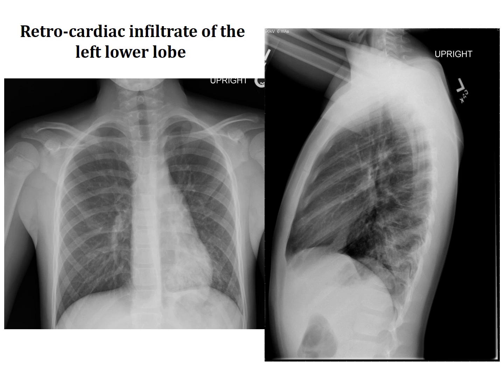If you do, that's referred to as a retrocardiac infiltrate. A lot of people miss those. Always look through the heart. And in these two pictures here, the AP view and the lateral view, you should be able to see the retrocardiac infiltrate on each. There they are.